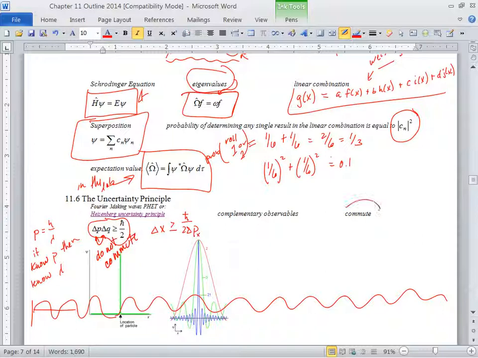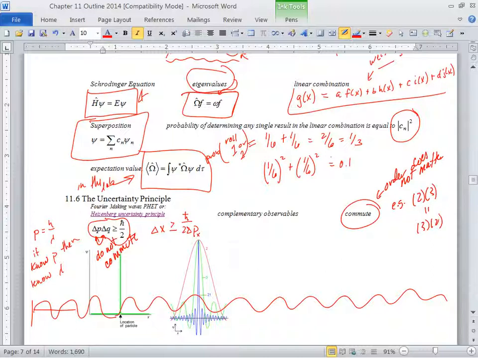So we're on this word. Commute just means order doesn't matter. Order does not matter. For example, 2 times 3 is equal to 3 times 2, right?